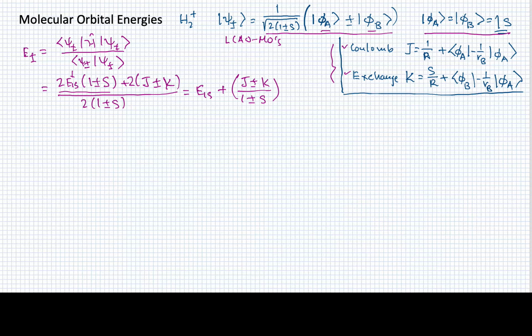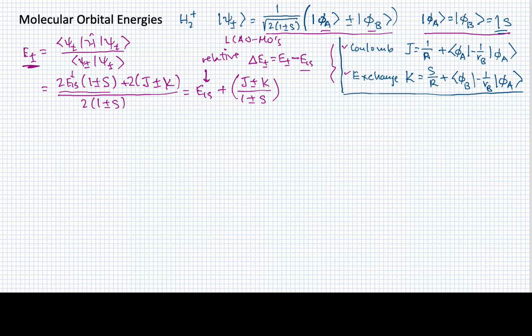Now, what we're basically saying is that the energies of the molecular orbitals can be written relative to the energy of the 1s orbitals on the individual atoms. So what we're really going to care about is the difference between these. I'll call it delta E plus or minus, which is just E plus or minus minus the energy of the 1s orbital.